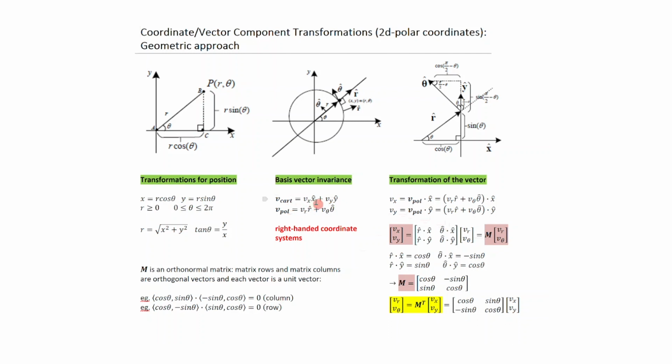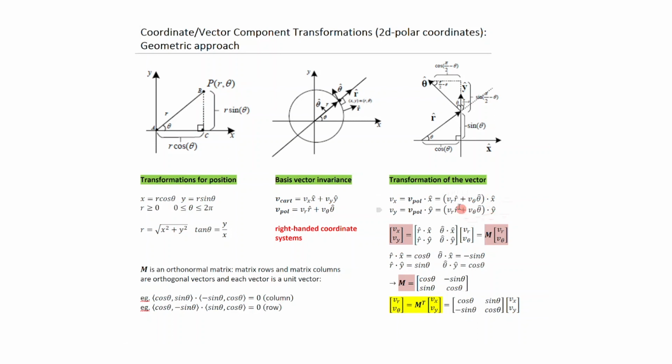X hat dot x hat is 1, so it would give you Vx. But y hat with x hat, being orthogonal, gives you 0. Alternatively, I could take the other expression and dot it with x hat, performing the same calculation. Of course, it will look different. That's precisely what I've done: that x hat here is just this whole entity, dotted with x hat.